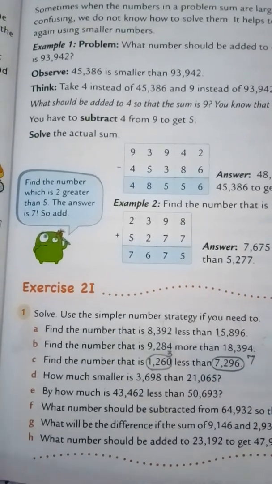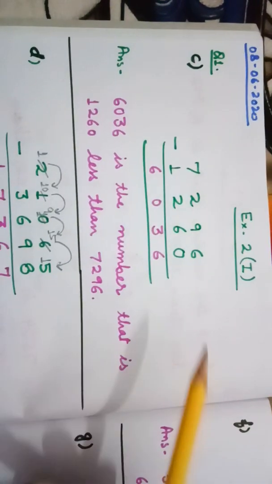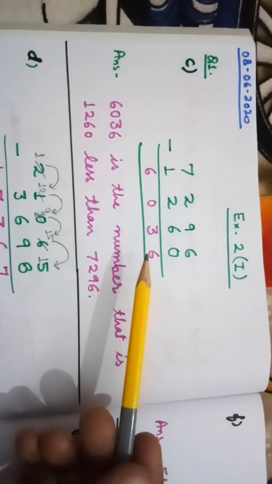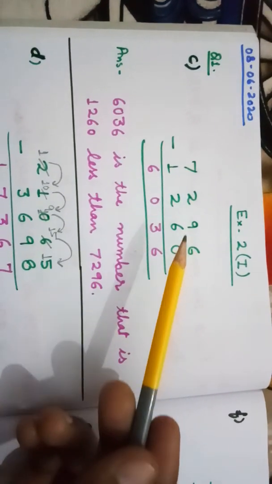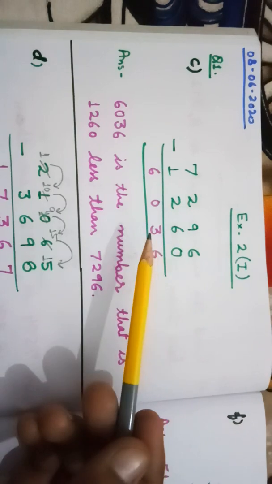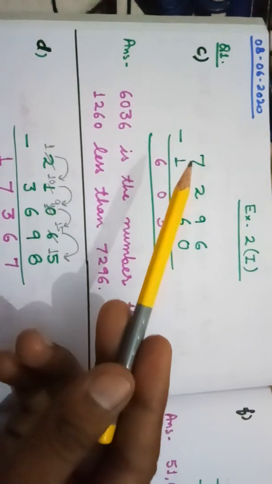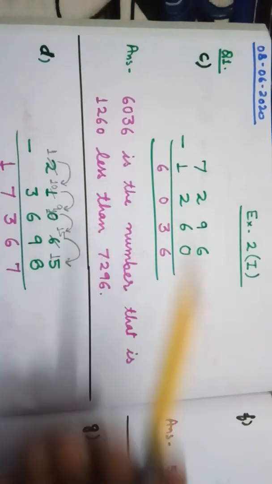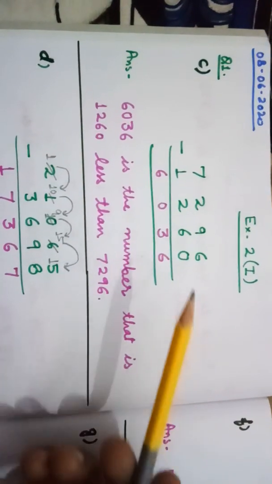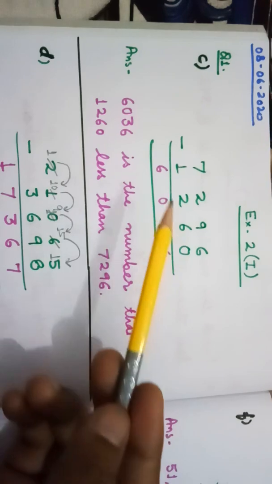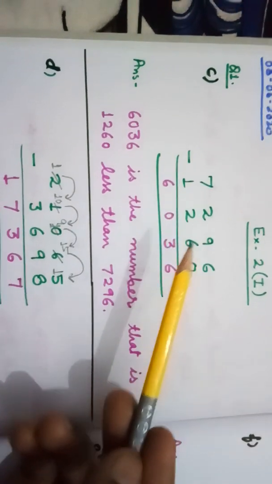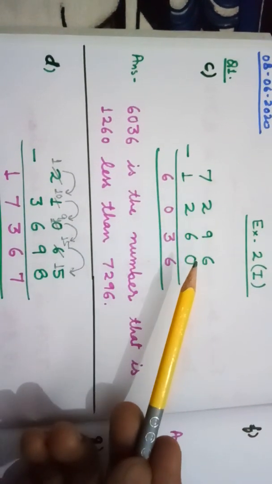So here is the solution. 6 minus 0 is 6, 9 minus 6 is 3, 2 minus 2 is 0, 7 minus 1 is 6. That means we are subtracting the smaller number 1260 from 7296.